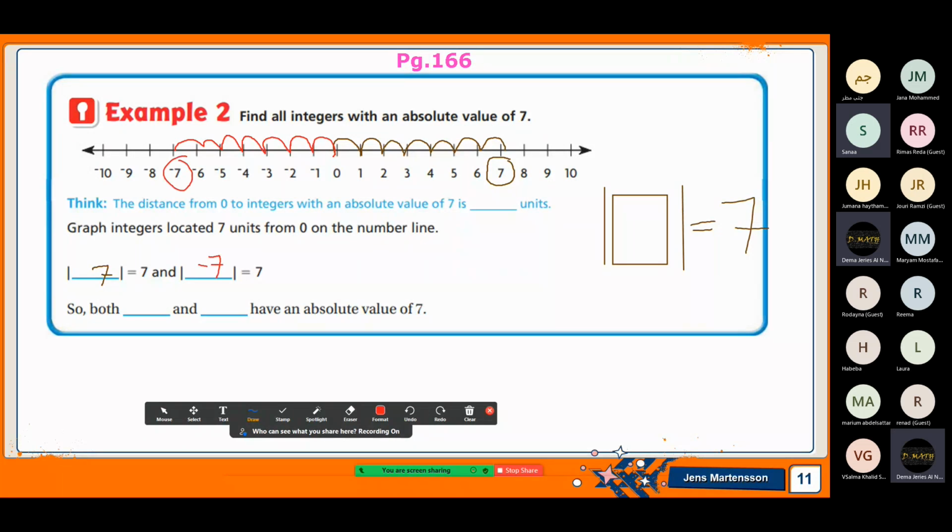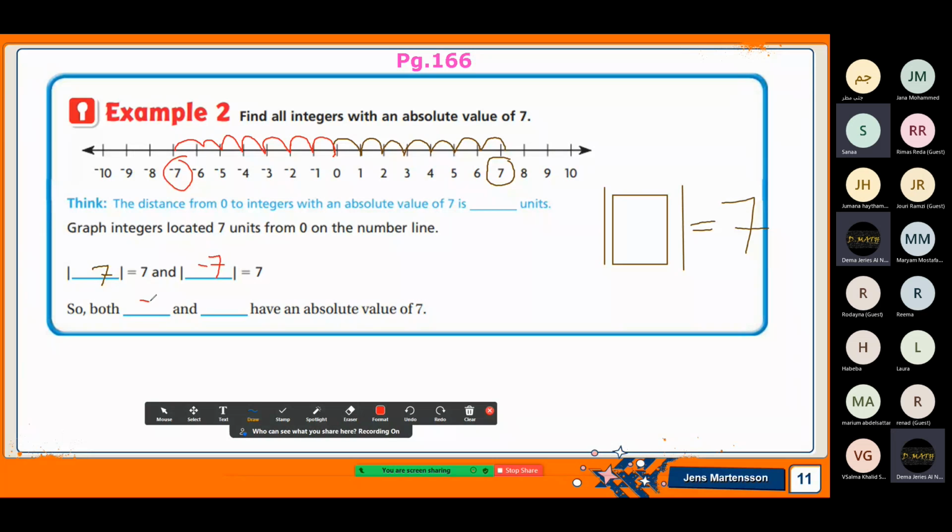So what do I mean? If I asked you now, what are the numbers whose absolute value is 7? You will say negative 7 and 7. Because the absolute value of 7 is 7, and the absolute value of negative 7 is also 7.